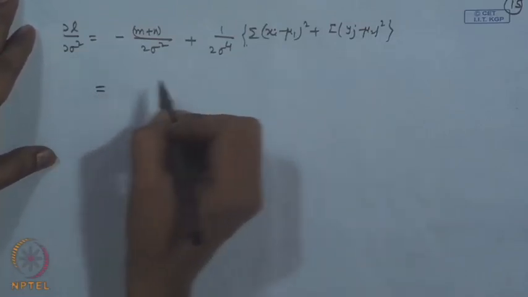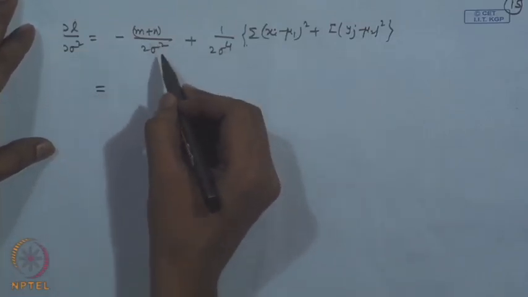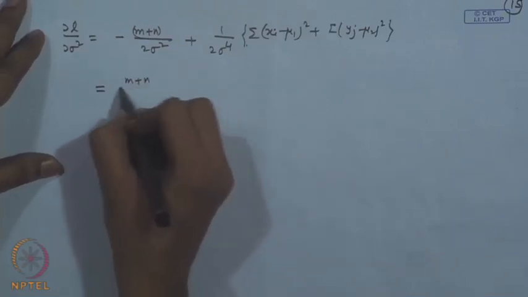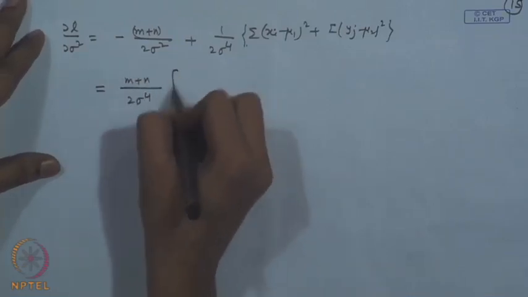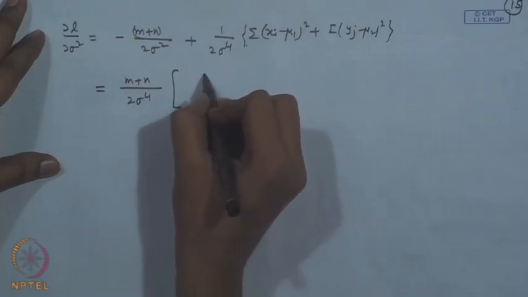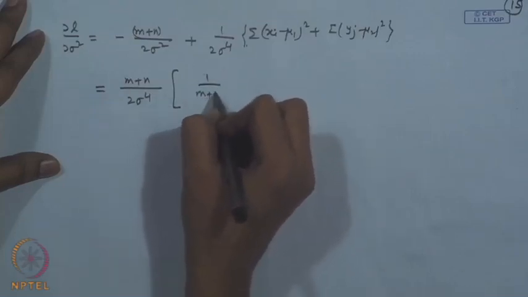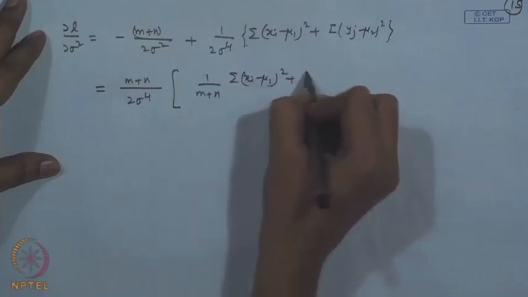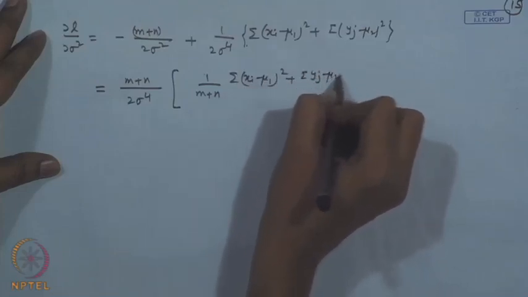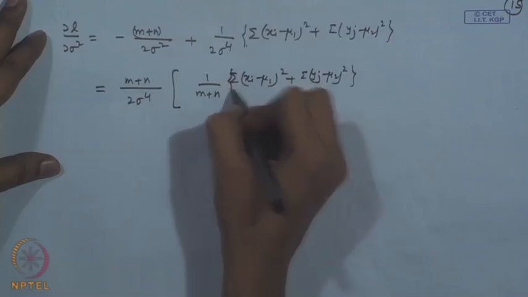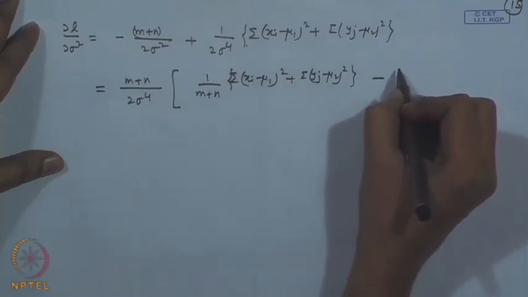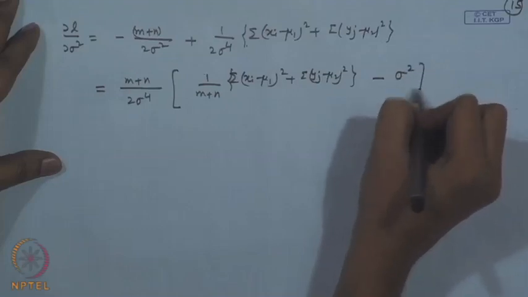If I take m plus n by 2 sigma to the power 4 out, then I get 1 by m plus n, sigma x i minus mu 1 square plus sigma y j minus mu 2 square, minus sigma square.